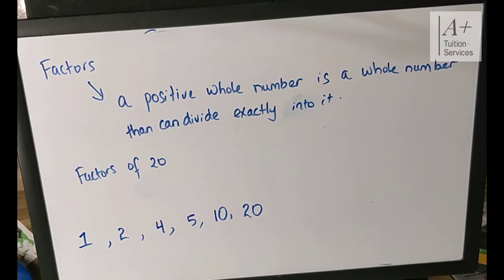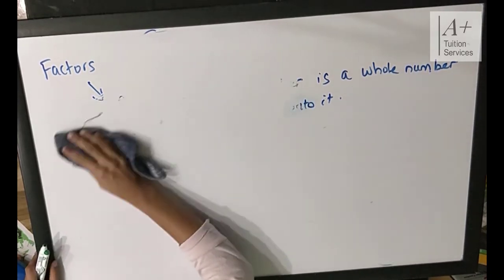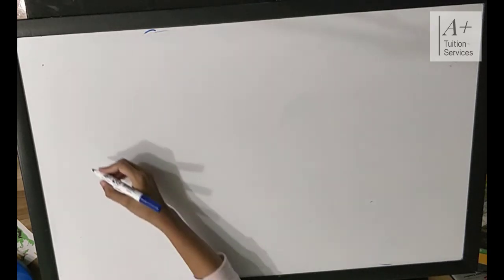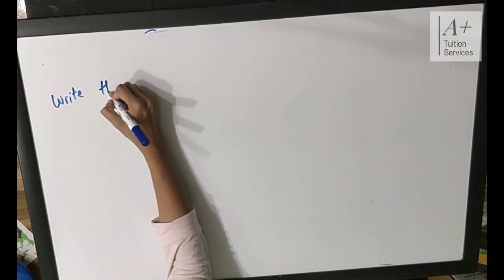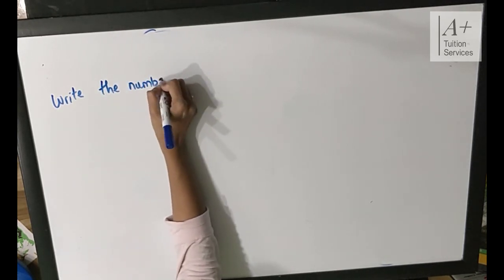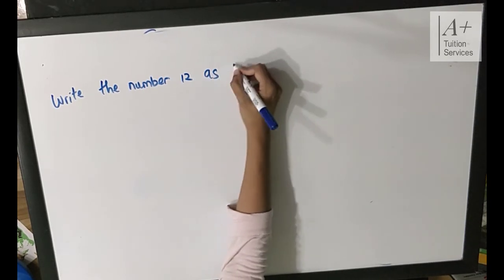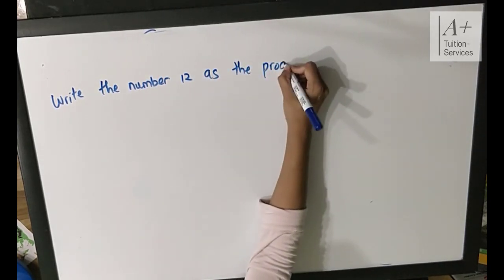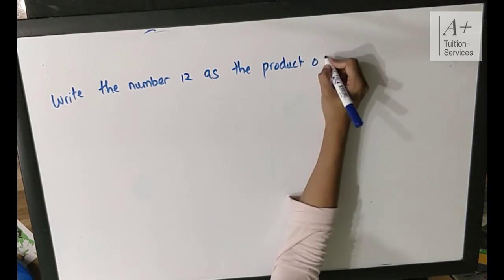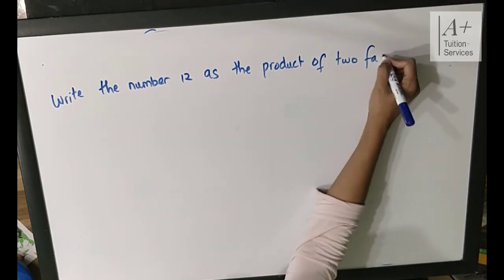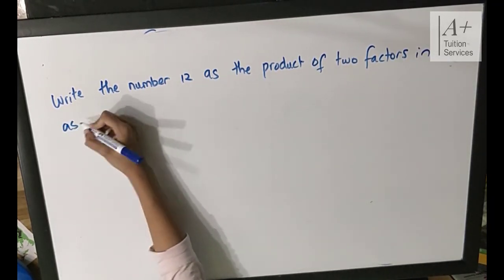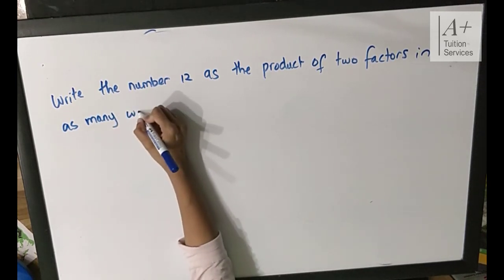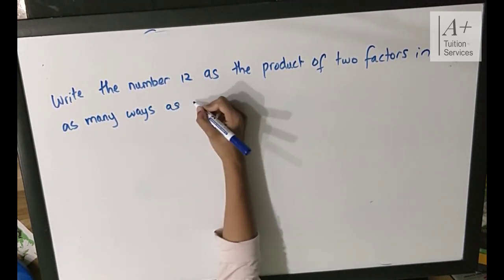So now we have this example. So I hope you paused and took this down. And they phrased it like this: write the number 12 as the product of two factors in as many ways as possible.